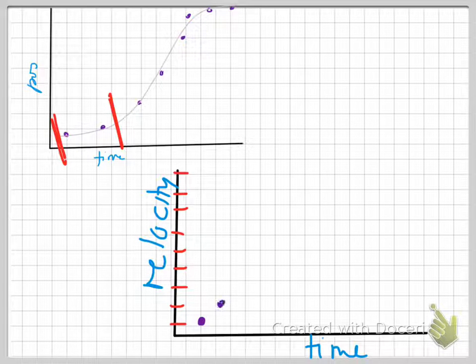Yes. When it gets to this segment, its velocity is a little higher. Is its velocity changing in that segment? No, it's pretty constant. The slope of that line segment is pretty constant.